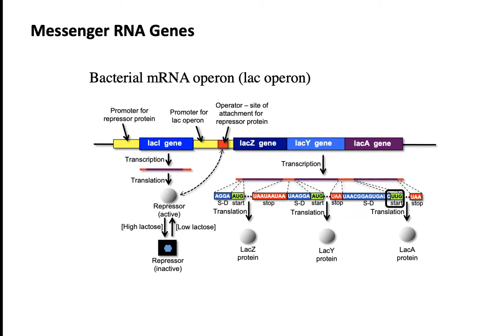The start codon this time is a UUG, and that makes the LacA protein followed by a stop to make those 3 proteins. The LacZ protein is the beta-galactosidase that cleaves lactose, which is a disaccharide, into 2 individual sugar units. LacY and LacA aid in importing lactose into the cell.